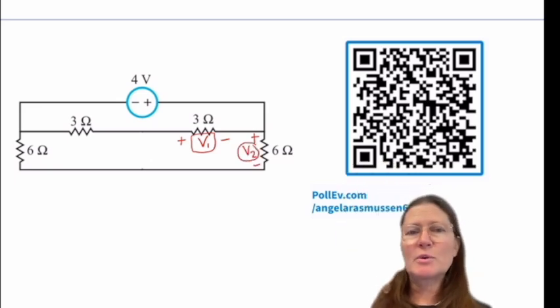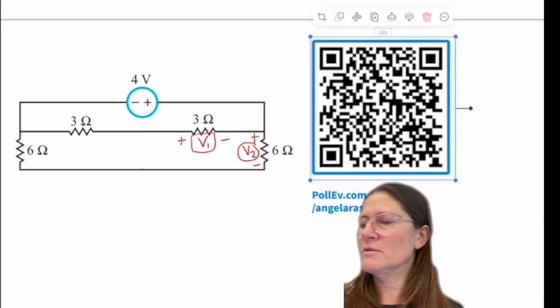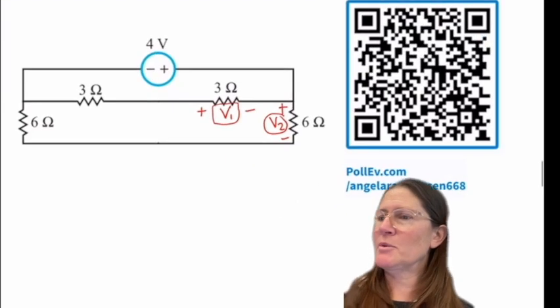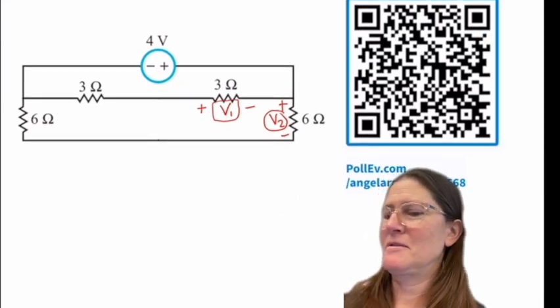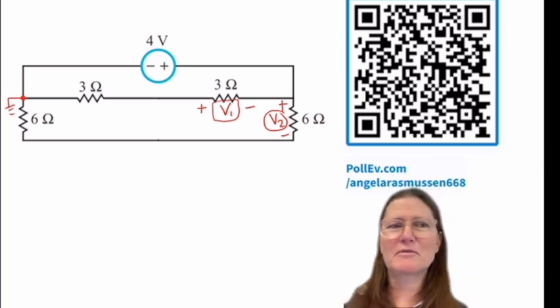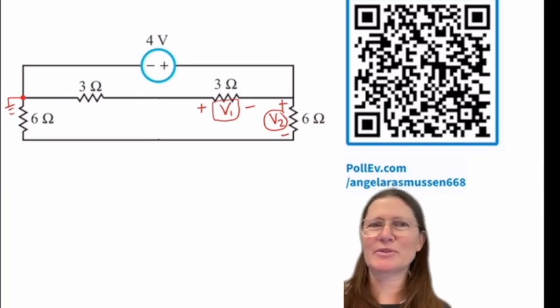So first find V1 and then work to find V2. And let me put in a ground. I'm putting the ground in over there, which I know is a little bit weird, but this first one will be easier.